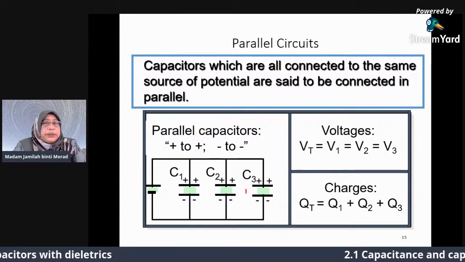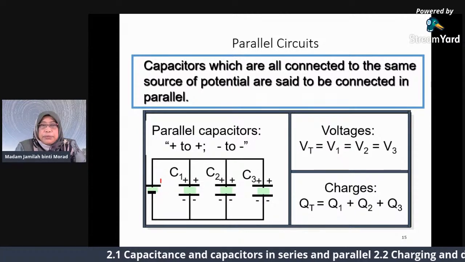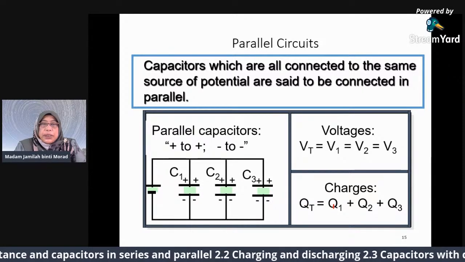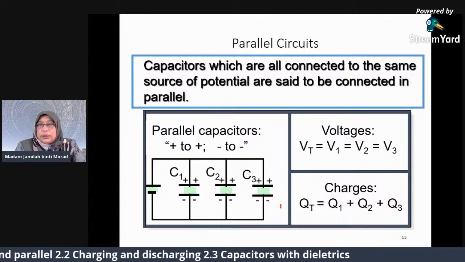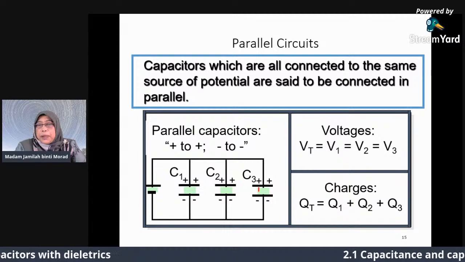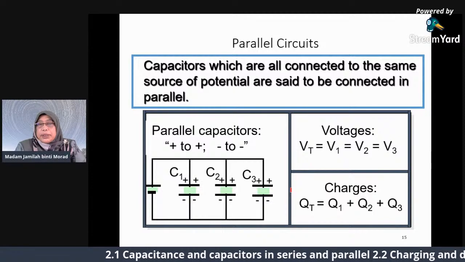In terms of charge, Q total from the battery equals Q1, the total charge on the plate of capacitor 1, plus Q2, the total charge accumulated on capacitor 2, plus Q3, the total charge on capacitor number 3.